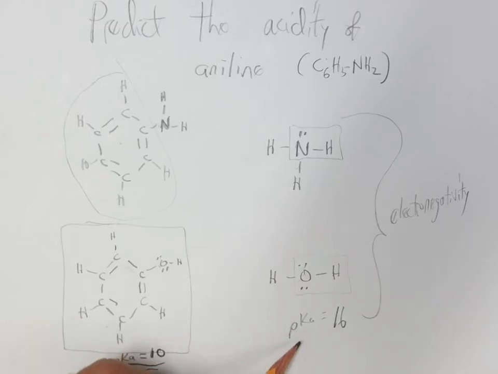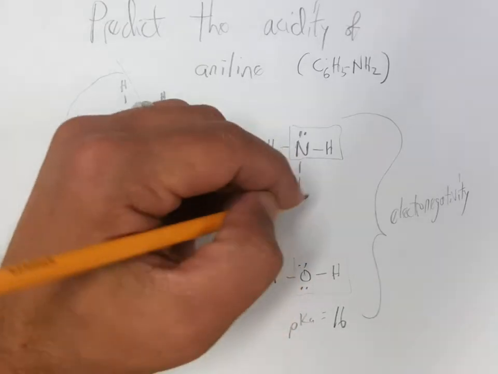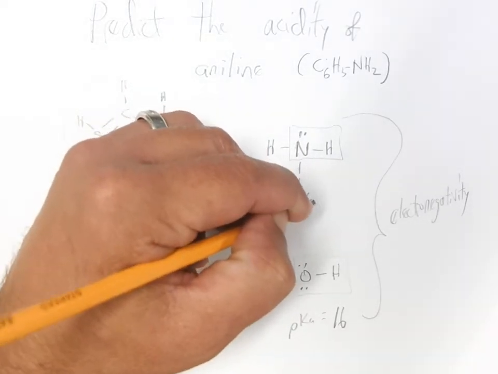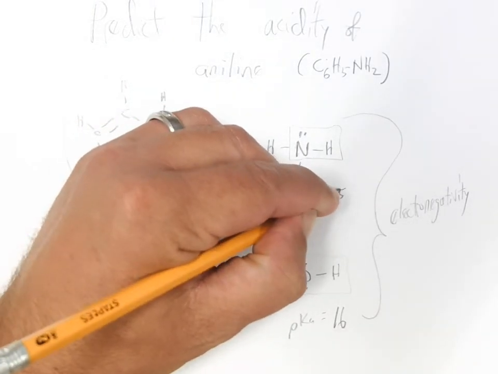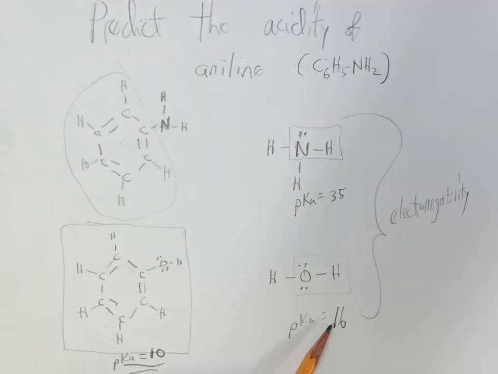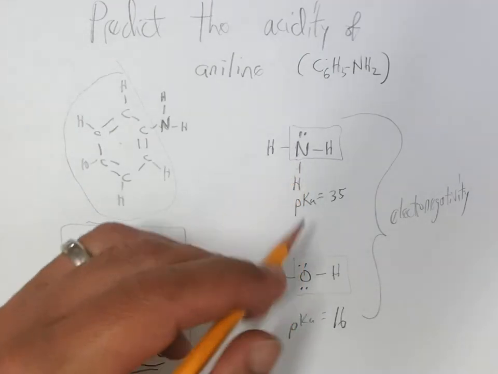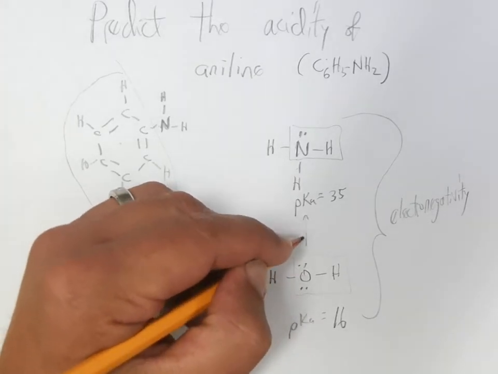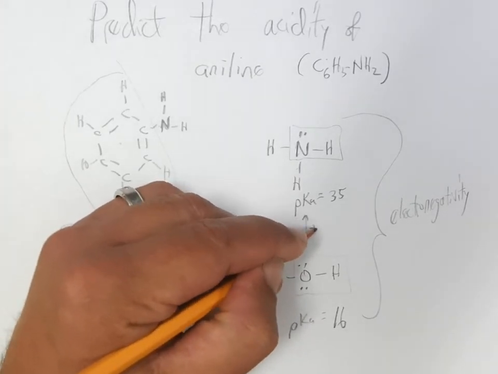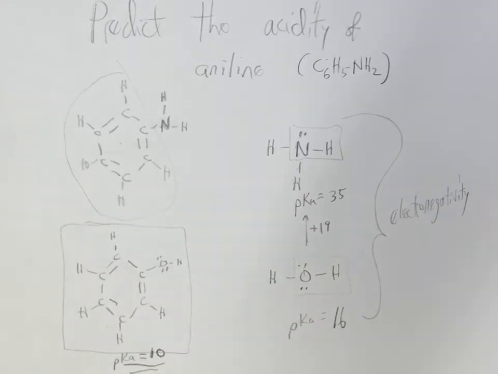And if we memorize that water pKa is 16, ammonia pKa is about 35, then we can see that changing from an oxygen to a nitrogen, making that change in electronegativity, would add about 19 pKa units.